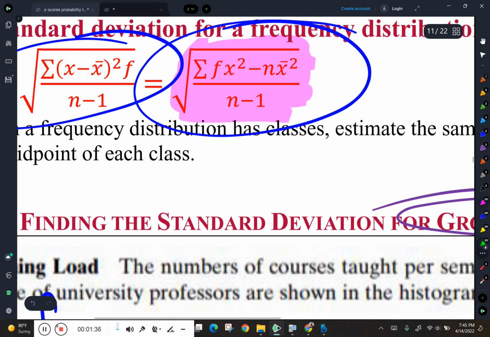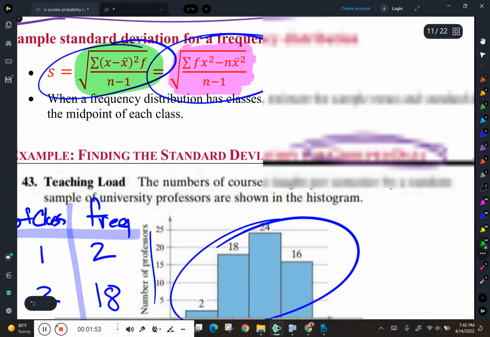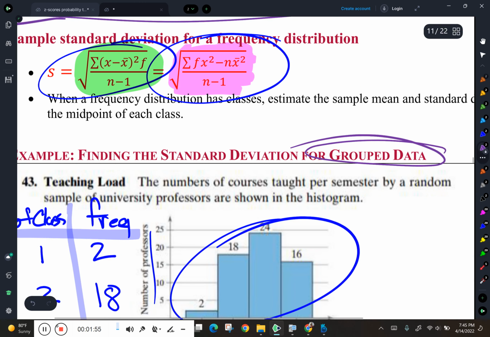This formula on the left is just a slightly different way to write that exact same formula. You could algebraically make the one on the left look like the one on the right, or the other way around. It really doesn't matter which one you use. But to be honest, we're going to use neither of them because we are just going to push buttons to make this happen.